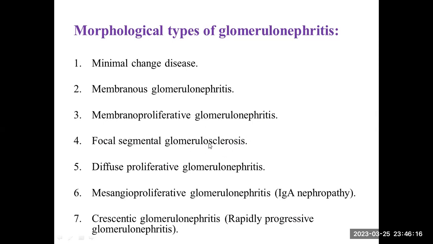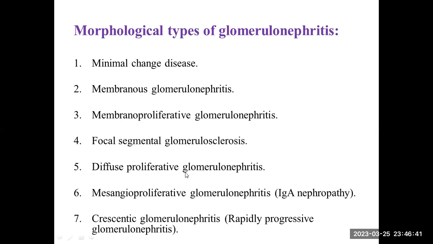This sclerosis will be focal, affecting less than 50% of the glomeruli, and it will be segmental, with patchy involvement of the glomerulus. It will not affect the whole glomerulus. So these are the morphological findings in focal segmental glomerulosclerosis.